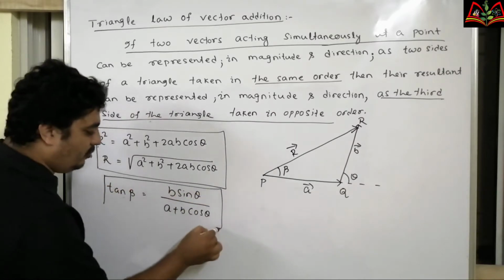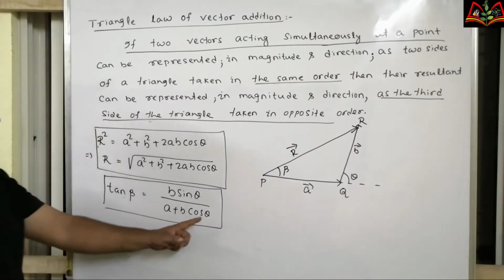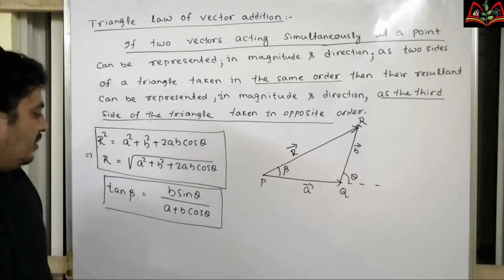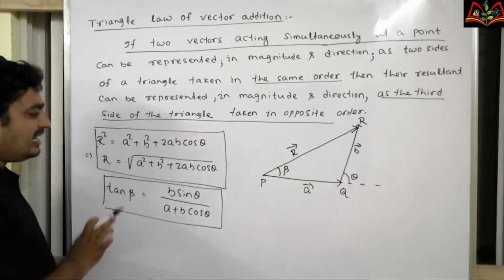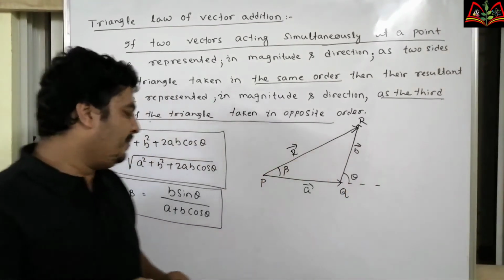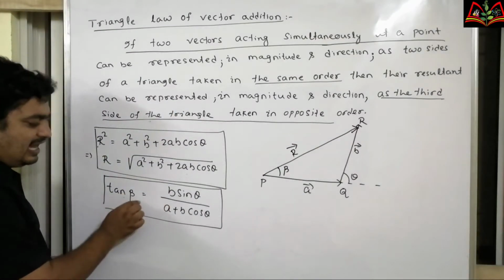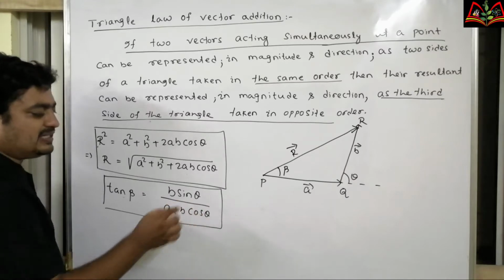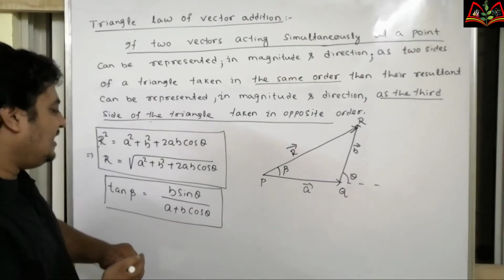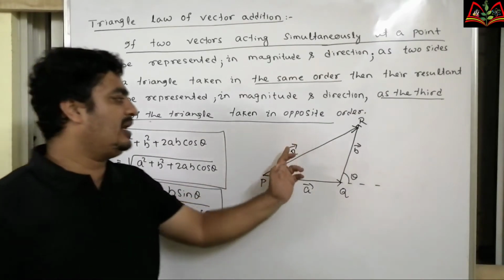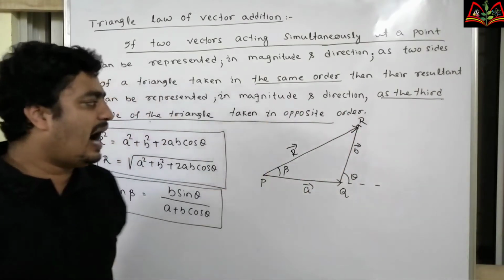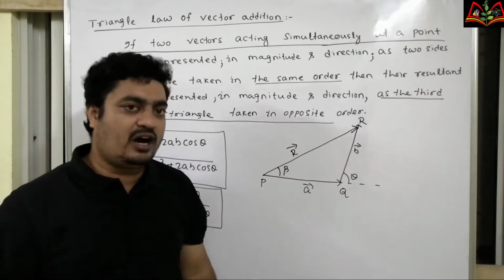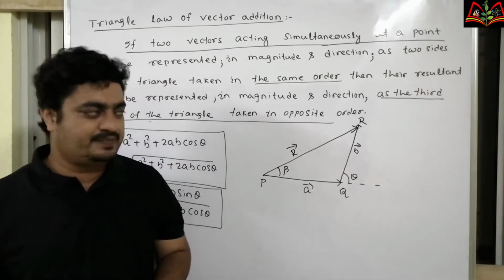If you want to find the angle between R and B, you can put tan alpha equal to A sin theta divided by B plus A cos theta. Just interchange A and B, then you will get the angle between R and B. This is all about the triangle law of vector addition.